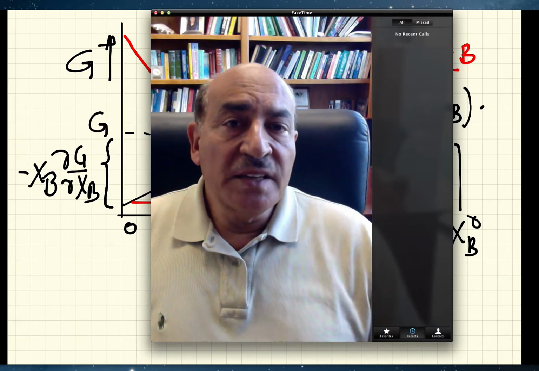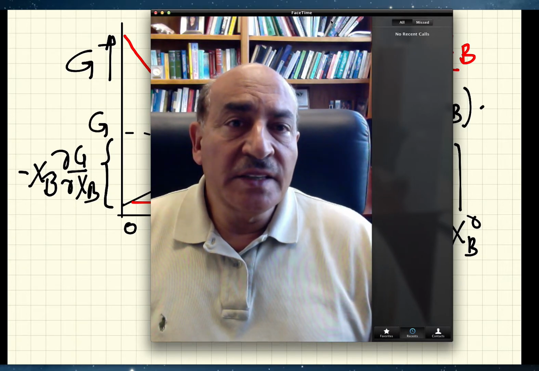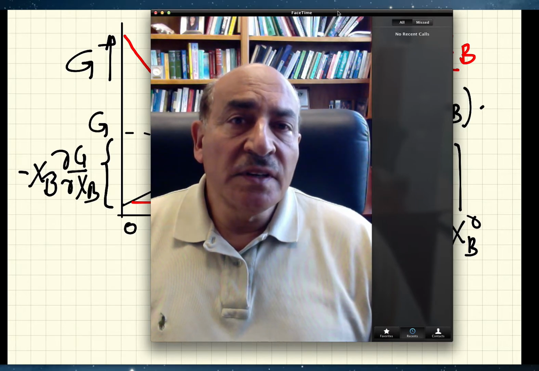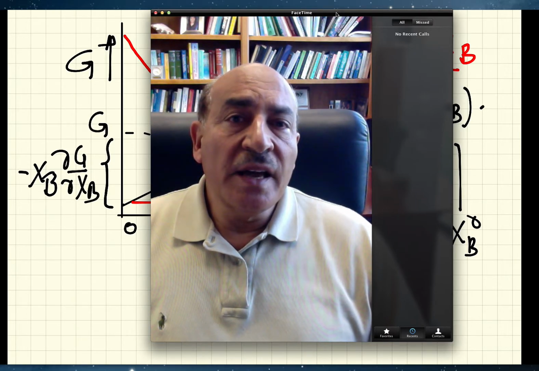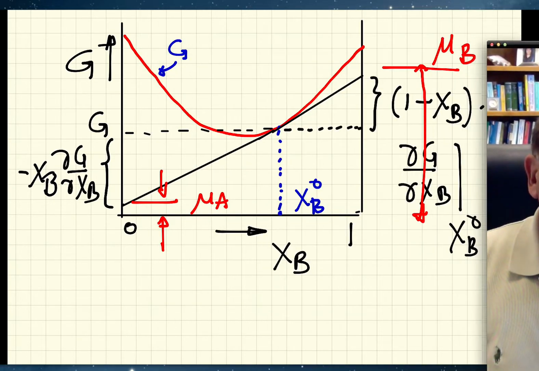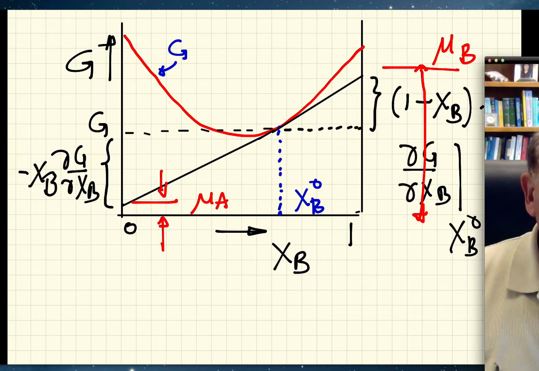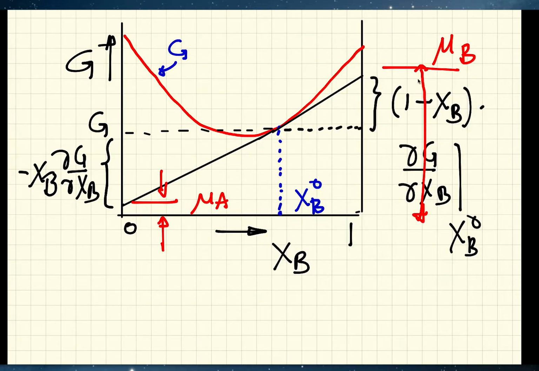This is obtained graphically in the following way, which I'm going to show you for two phases and two elements. So let's go to the next page and make a graph for two phases and two elements in the two phases.